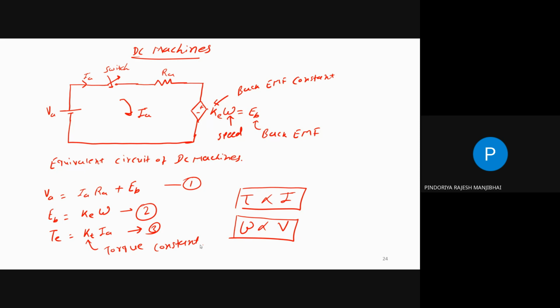Okay. So this equation is for the steady state analysis. So what is a steady state and dynamic? Yes, any one student? Steady state and dynamic analysis.